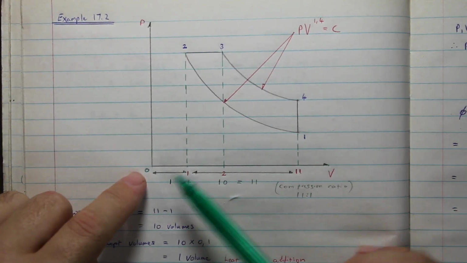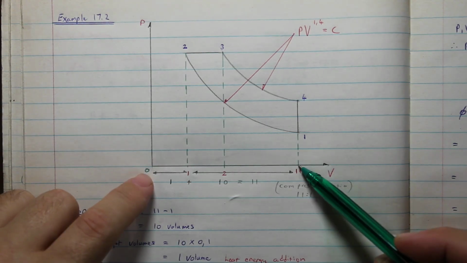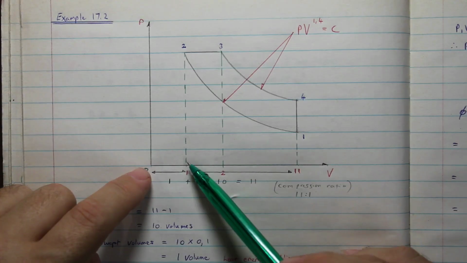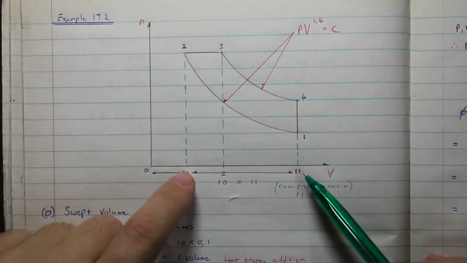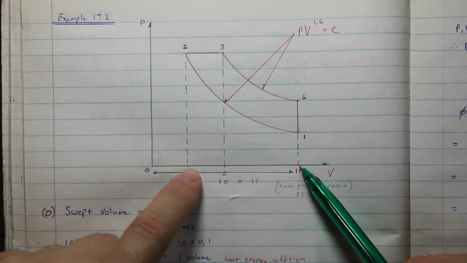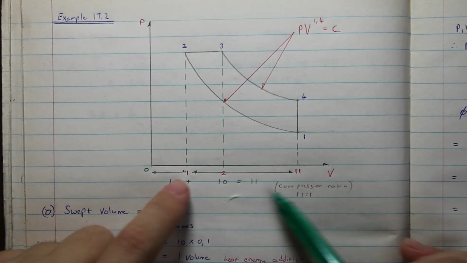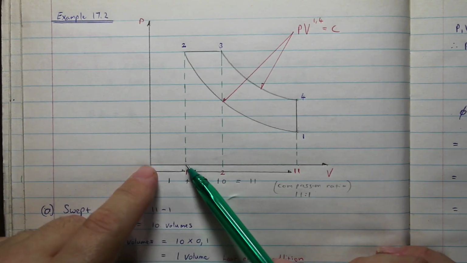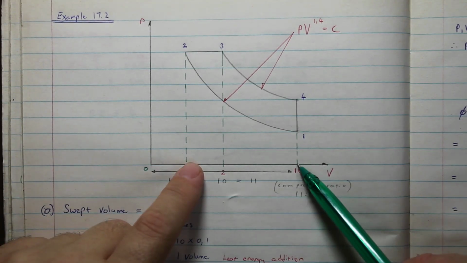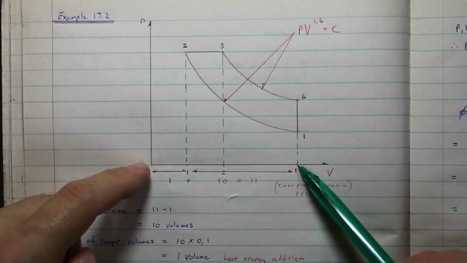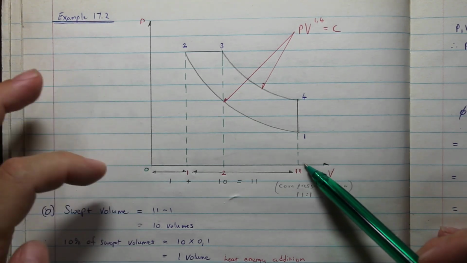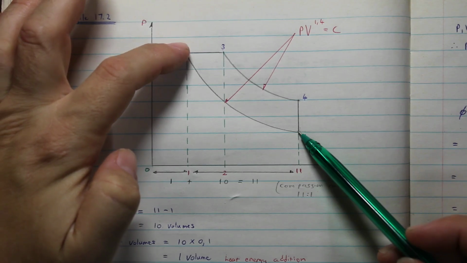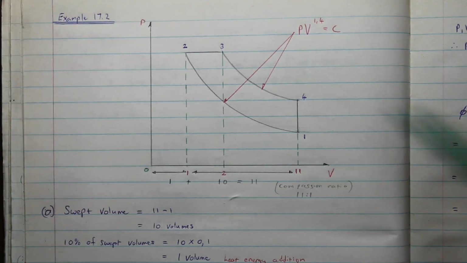If from 0 to 1 is 11, and from 0 to 0.2 is 1, how many volumes is this? That's very easy. That'll just be 10. Like I wrote here, one volume plus 10 volumes equals 11. So the swept volume is 10 volumes from 0.1 to 0.2.